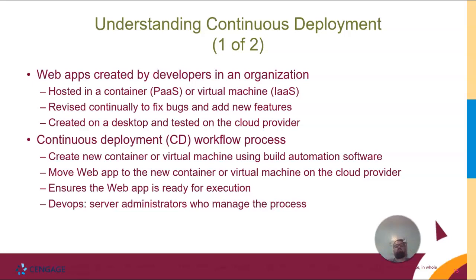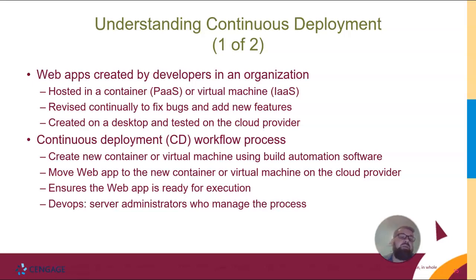So one of the benefits of moving to the cloud is having a continuous deployment strategy for all of your software applications. So what does continuous deployment mean? Basically it means that updates are pushed down when they're released, versus you having to run those updates.